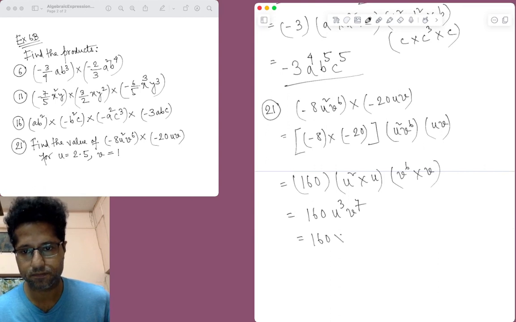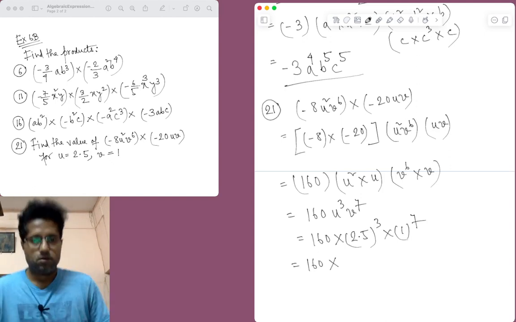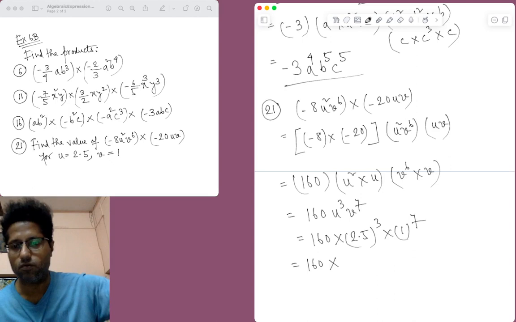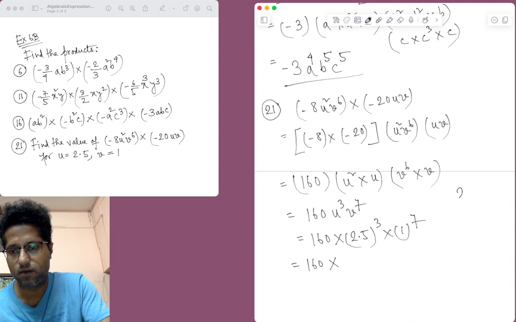This becomes u is 2.5 cube and v is given 1 to the power 7. So this is 160 times 2.5 cube. What is 2.5 cube? 2.5 square is 6.25, I guess.